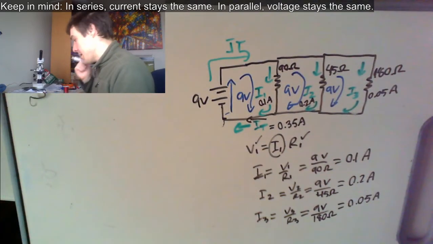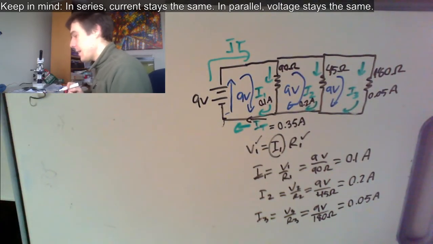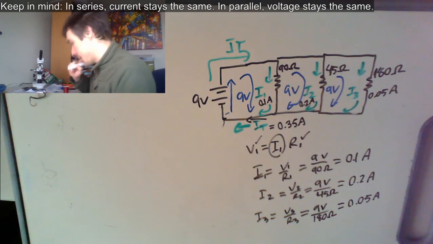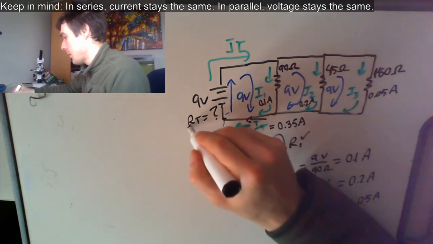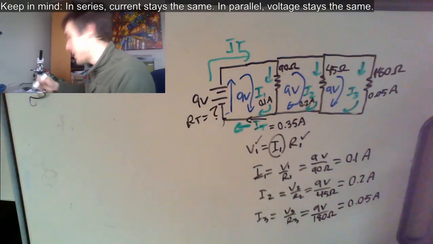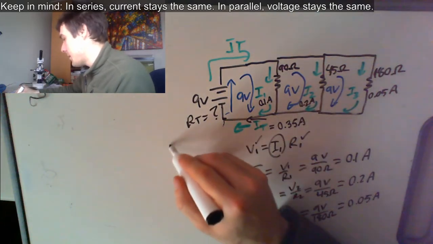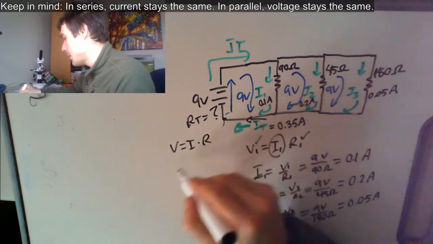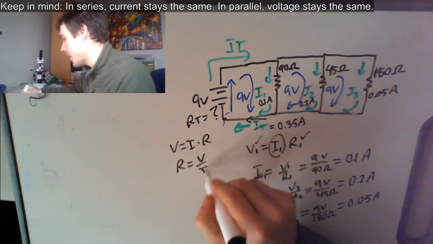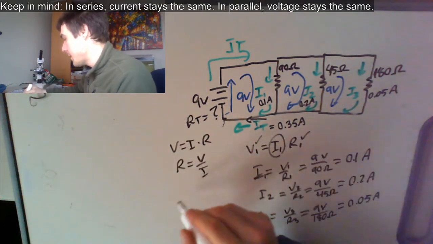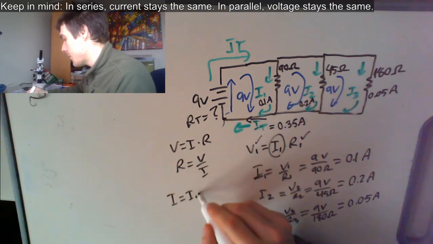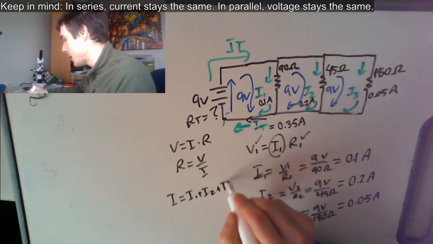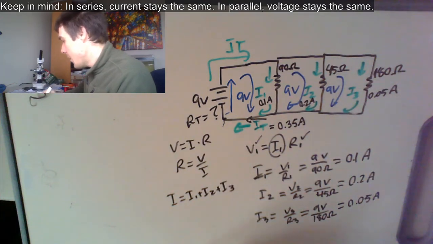The neat thing is, you can use it to work out the total resistance. What is our total resistance? How many ohms? Well, V equals IR, so R is V over I. We have the total current, I is I1 plus I2 plus I3, which is 0.35.